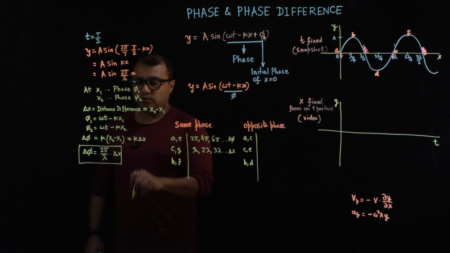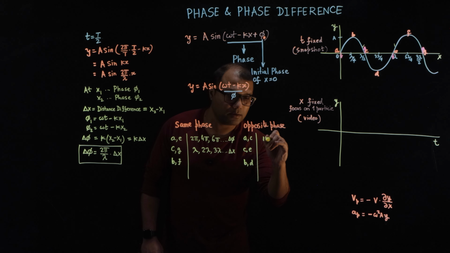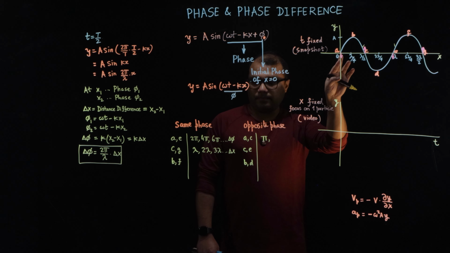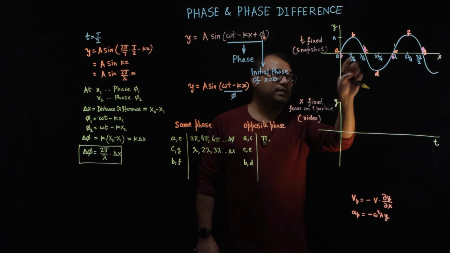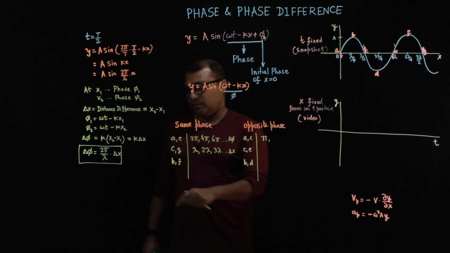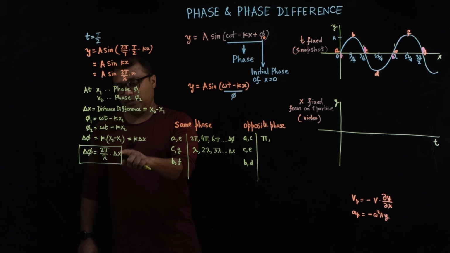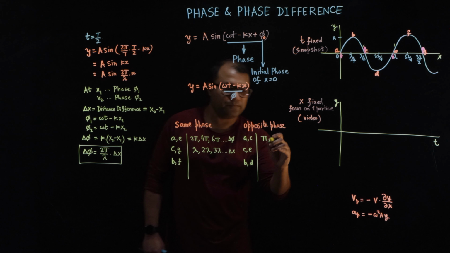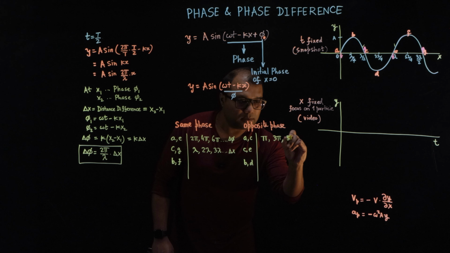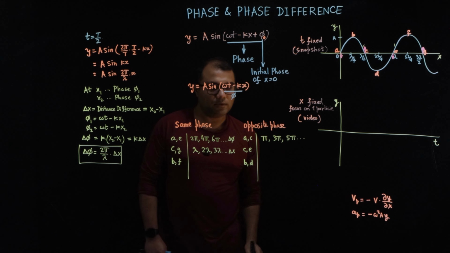So lambda by 2 means pi. Next time when it will happen, A is in opposite phase to C, A is in opposite phase to G. So the next time it happens is 3 lambda by 2. So 3 lambda by 2 will be 3 pi, 5 pi and such. Okay.